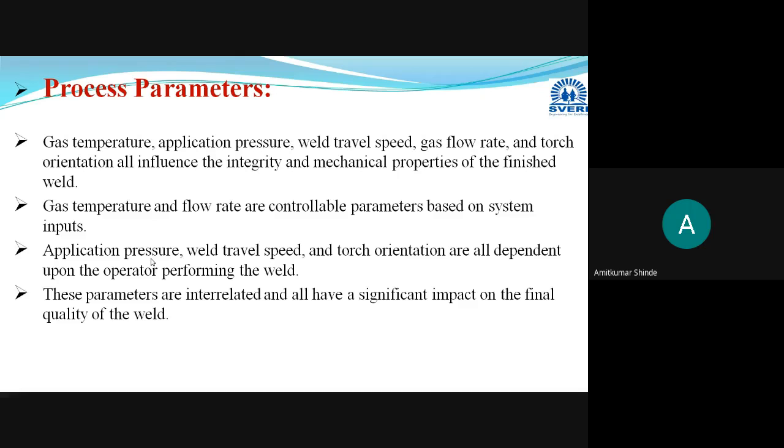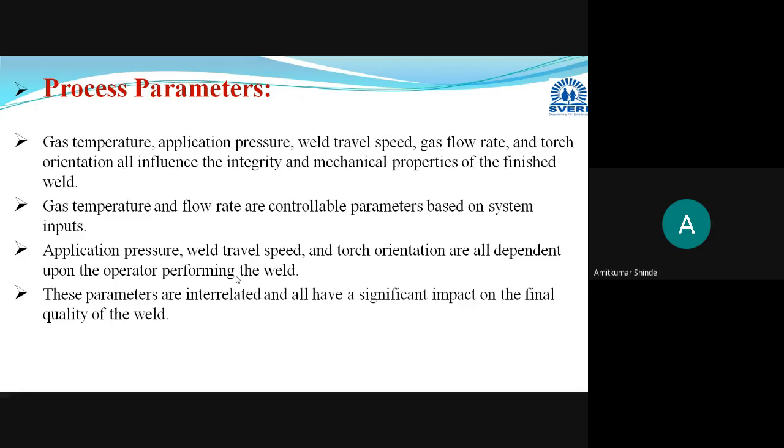Then speed should be properly controlled. If weld speed is very fast, the weld rod will get stretched. If weld speed is very slow, at a particular spot a large amount of heat will be provided, and that part will get damaged due to the slow weld speed.